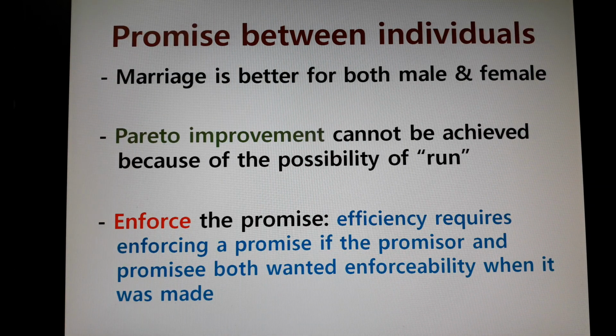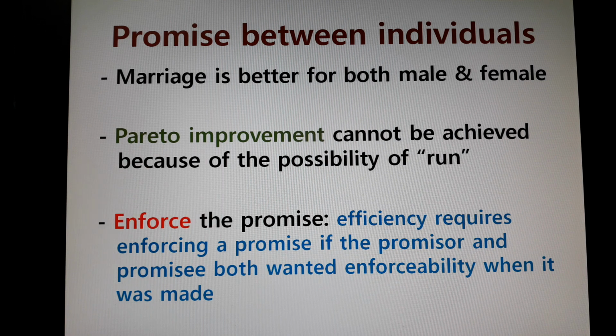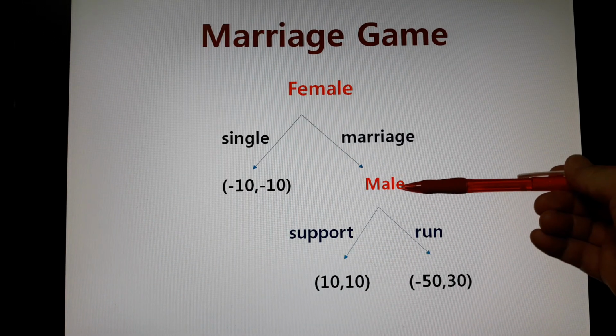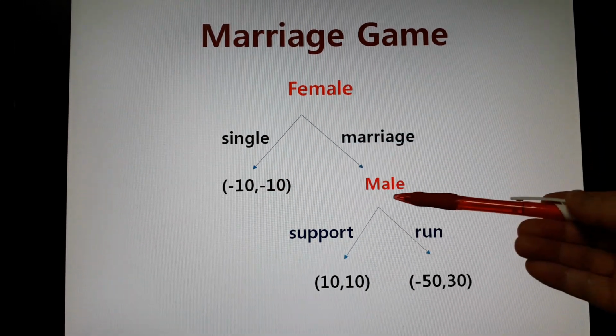Once again, I mentioned marriage is better for both male and female in our example. Pareto improvement cannot be achieved because of the possibility that the male can run away. But there is a way, if we have a government which enforces the promise. What promise? I didn't mention it, but let's assume in this game, what usually happens is the female is wandering between remaining single and getting married to this male.